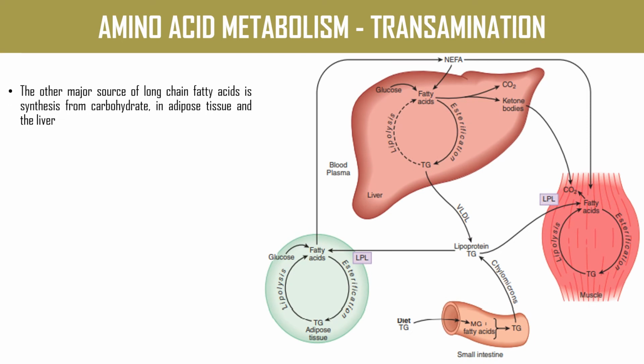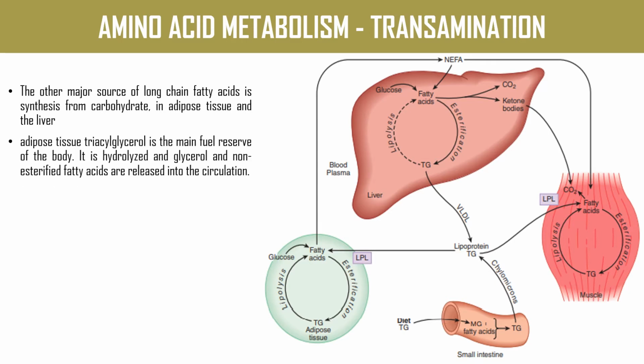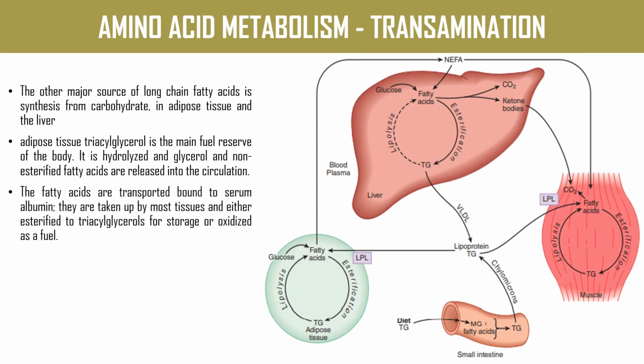Other major sources of long-chain fatty acid are synthesis from carbohydrate in adipose tissue and the liver. The adipose tissue triacylglycerol is the main fuel reserve of the body. It is hydrolyzed to glycerol and non-esterified fatty acid, which are released into the circulation. Fatty acids are transported bound to serum albumin.